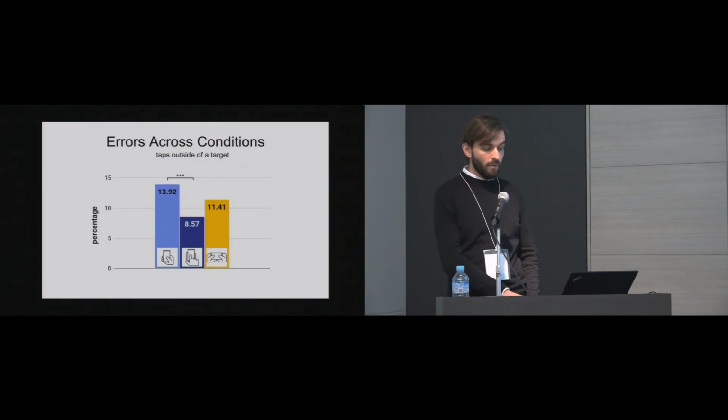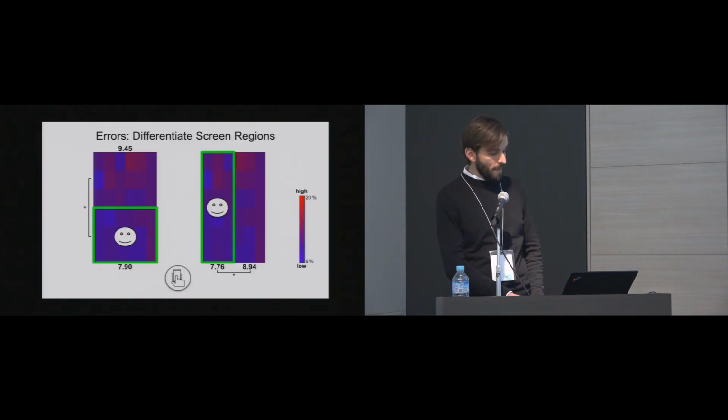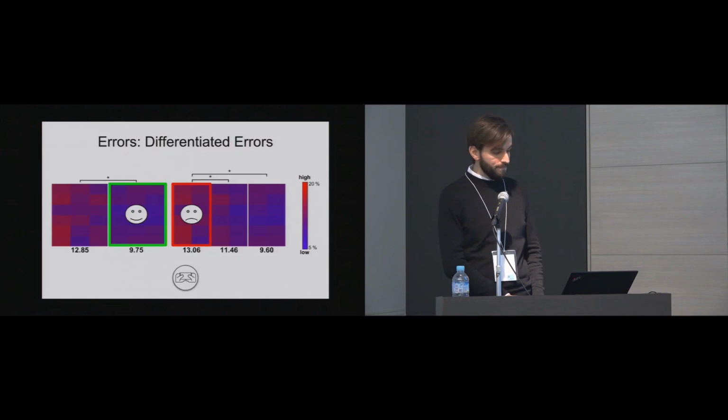Here we found that the one-handed thumb grip causes more errors than the two-handed index grip. And here we also looked at screen regions. For the two-handed index grip, we found fewer errors in the bottom half of the screen compared to the upper half. The same applies for the left half compared to the right half.